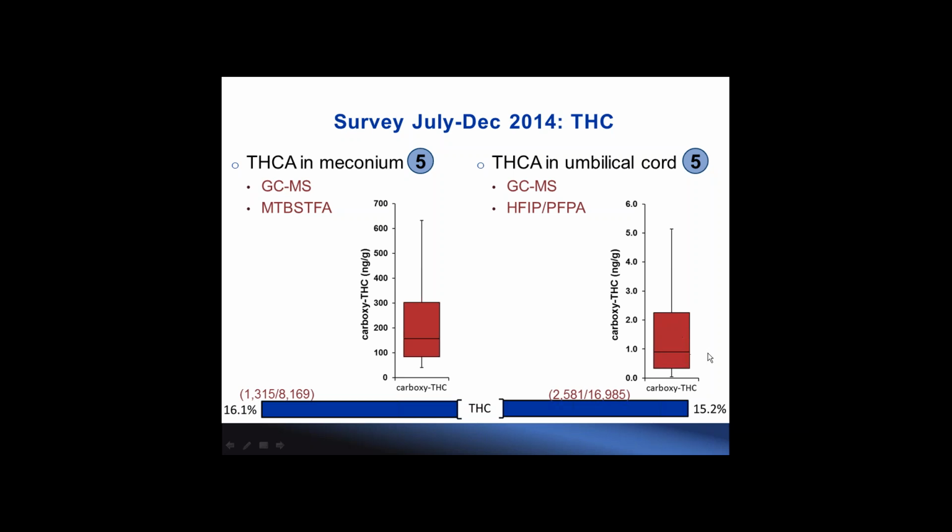It's simply that the concentration does not reach the cutoff. For example, if the cutoff had been at 1 nanogram per gram in umbilical cord for carboxy-THC, there would be more than half of the babies below that concentration. Our cutoff is much lower than that, so we were able to gather this data to show you.